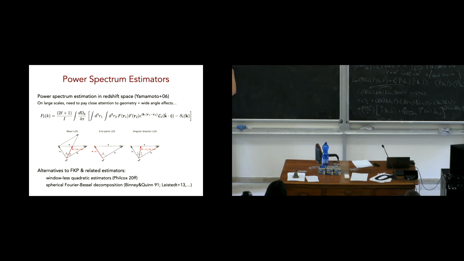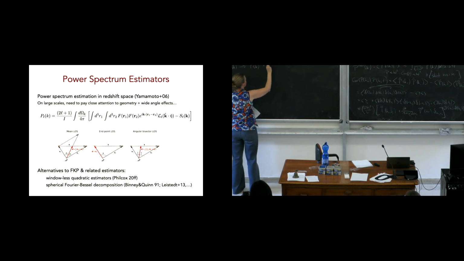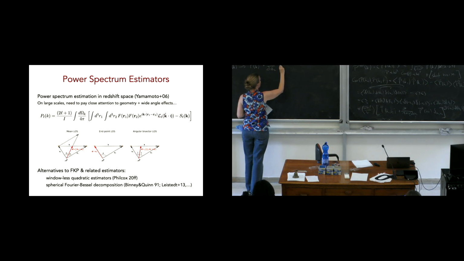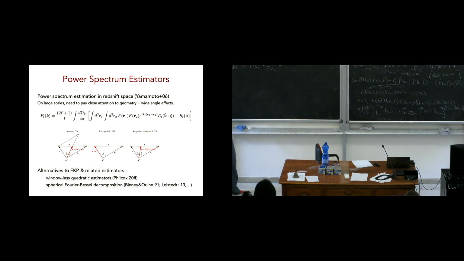So that means then our P of K gets modified to P of K plus the modulation of the power spectrum by some large-scale mode, which is something that one could calculate again, say, within the peak background split and halo model.